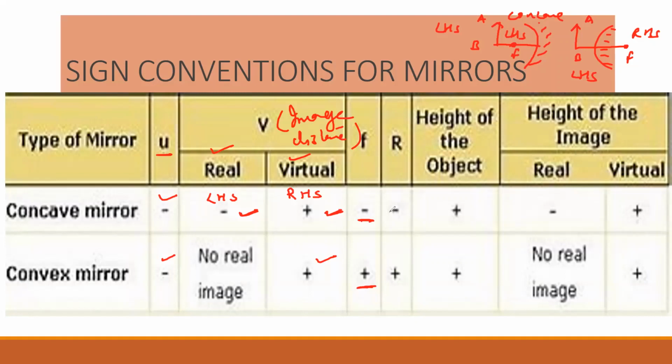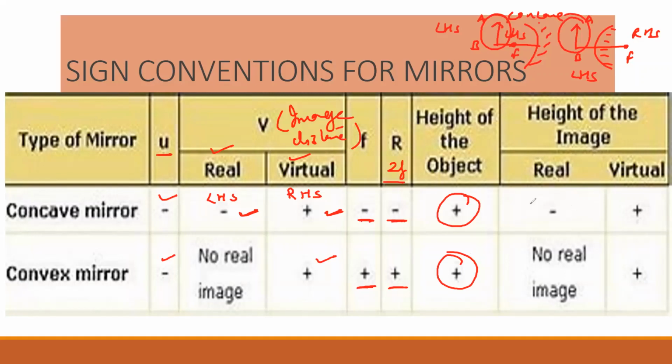As focal length is negative, radius of curvature is also negative, because radius of curvature is double of focal length, 2f. Similarly for convex it is positive because f is positive. Height of the object is above the principal axis in both, so it is positive.